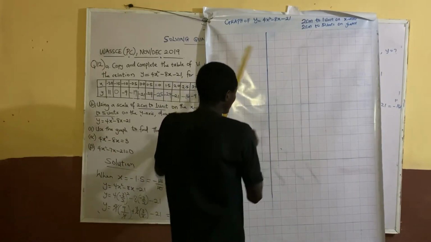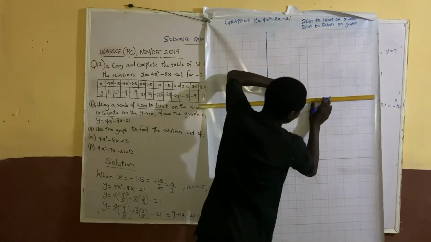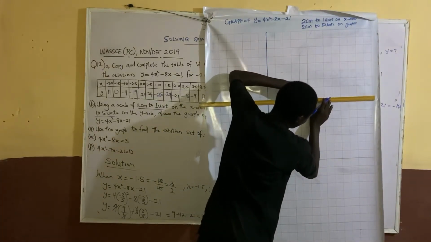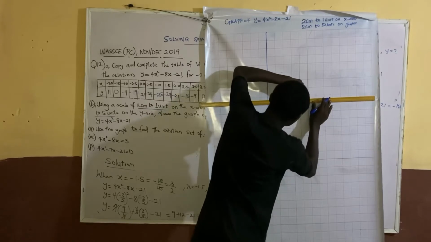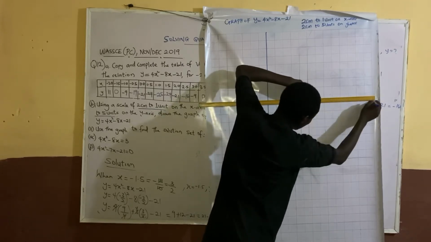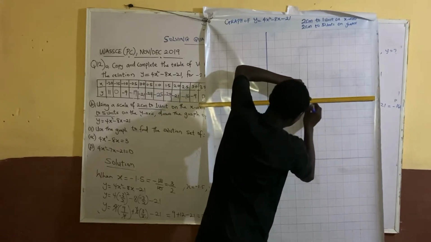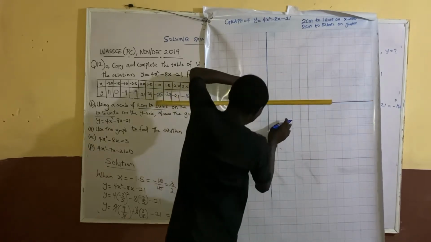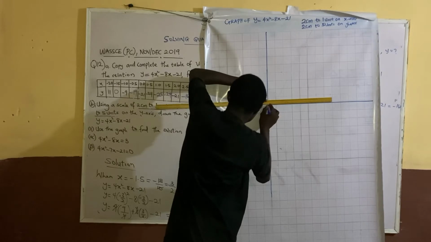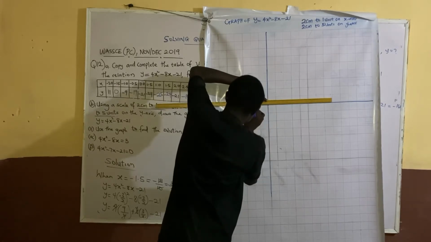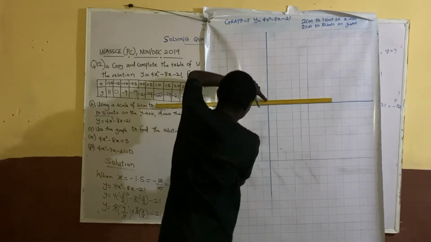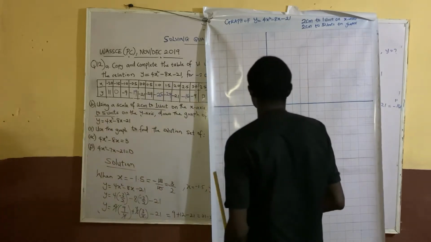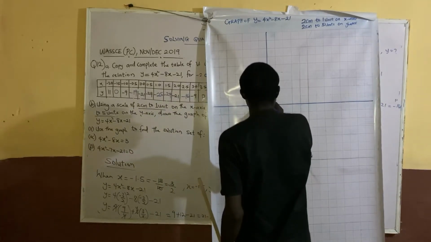So let's draw our horizontal axis as well, which is the x. Having drawn this now, we have 0, 0.